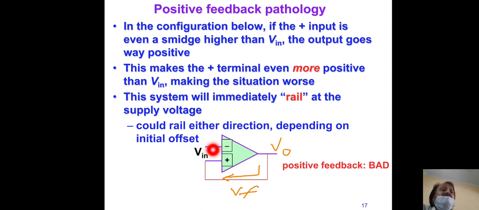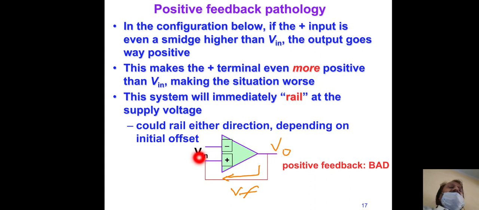making the situation worse. The system will immediately rail at the supply voltages, in either direction depending on the initial offset voltage. So the output voltage is unstable when using this feedback.